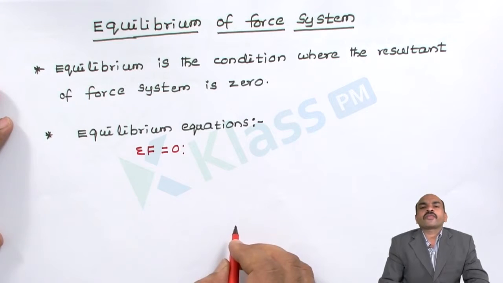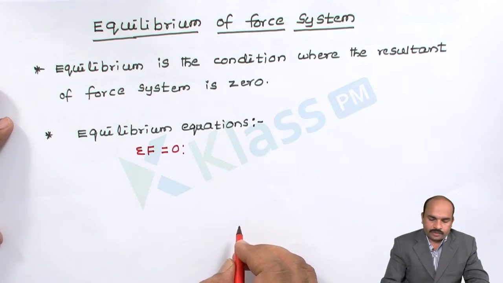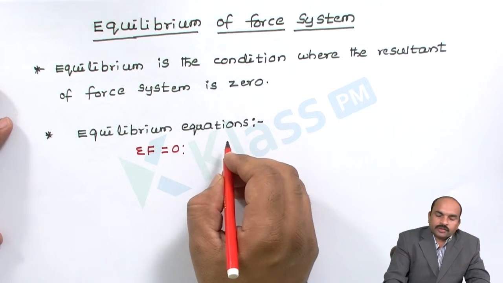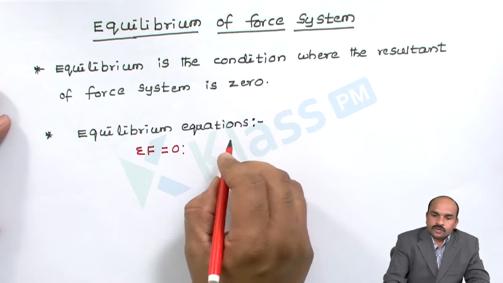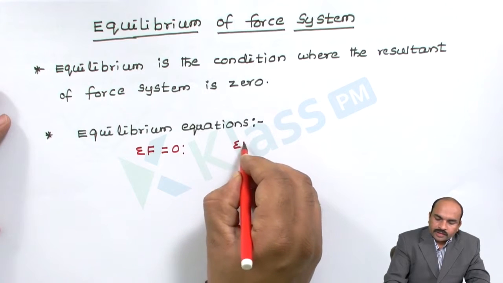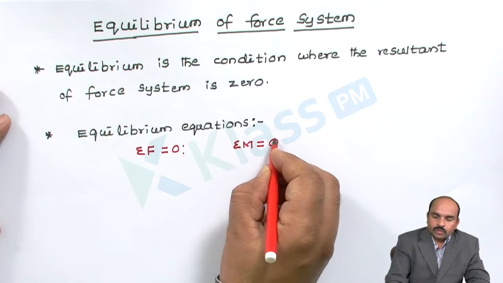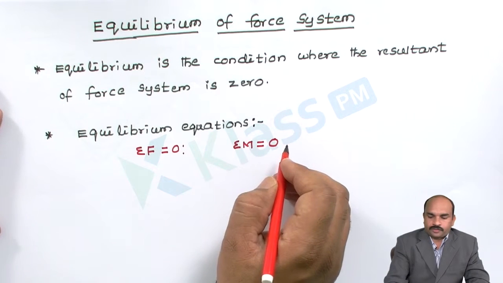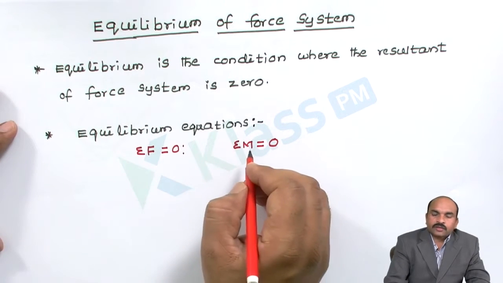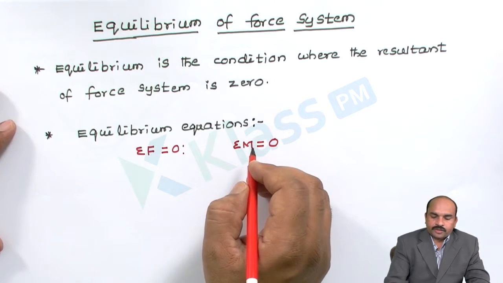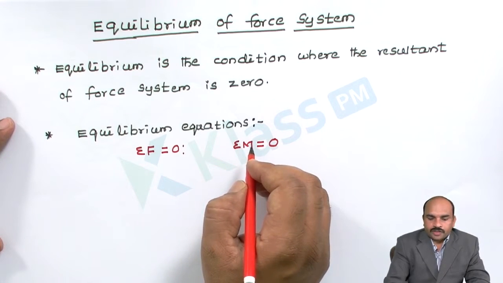So this is one equilibrium equation. Now when the sum of forces equal to 0, the sum of moments will also be 0 because moment equals force into distance. These are the two equations that come under equilibrium equations.